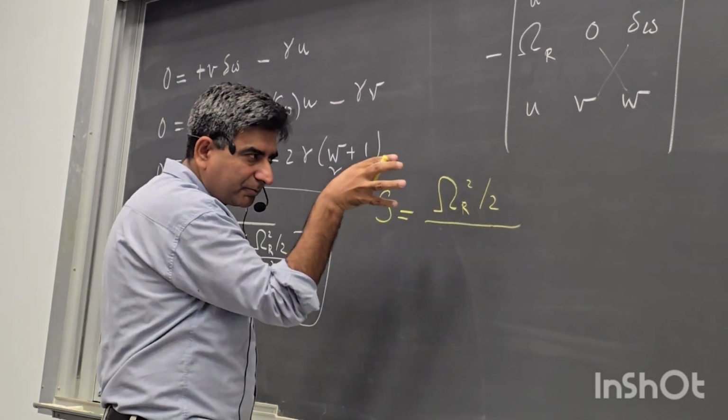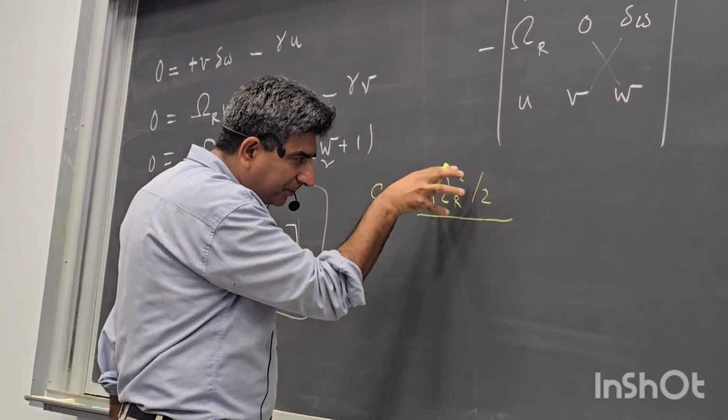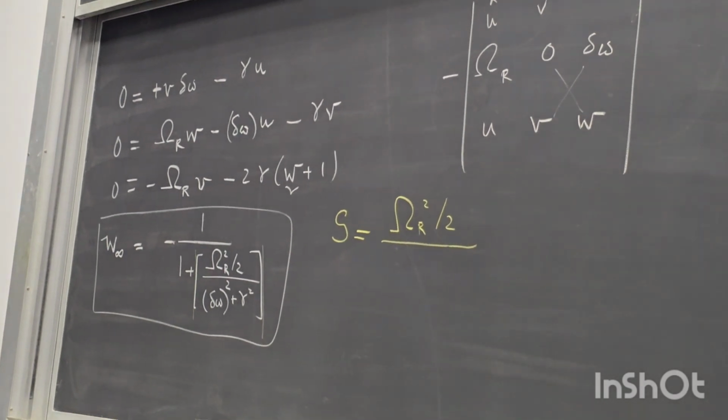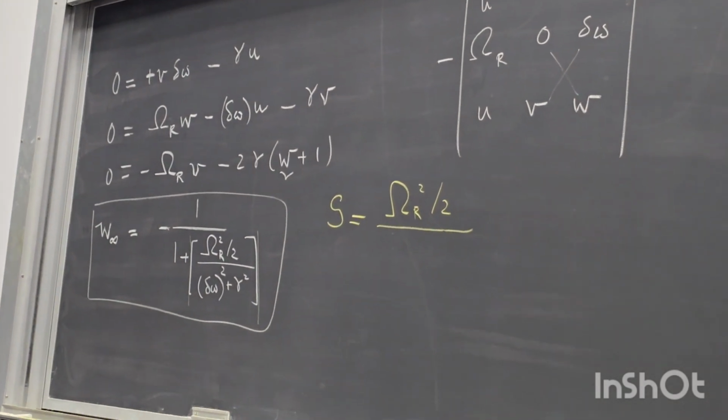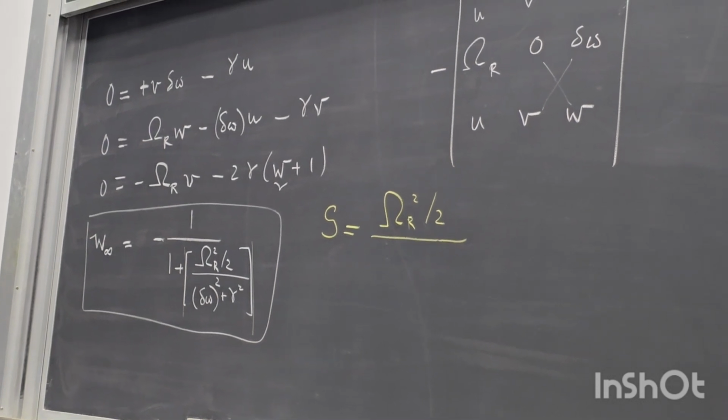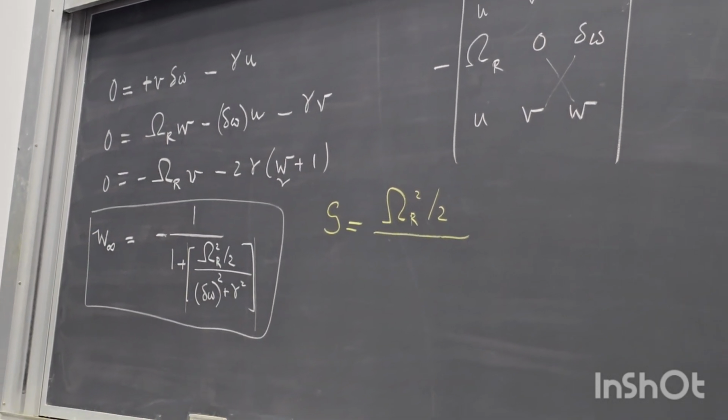What is this factor representing? What is omega r square over 2? Physically, what does it mean? It's a Rabi oscillation square, but physically, where does it come from?